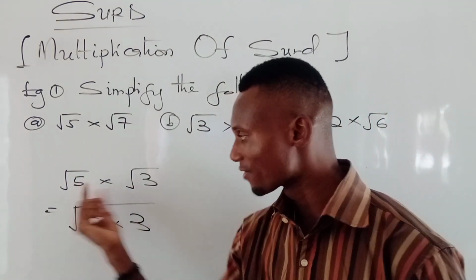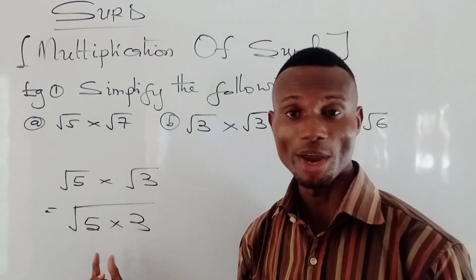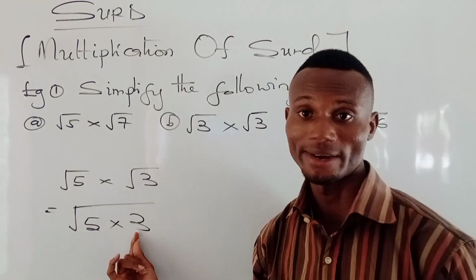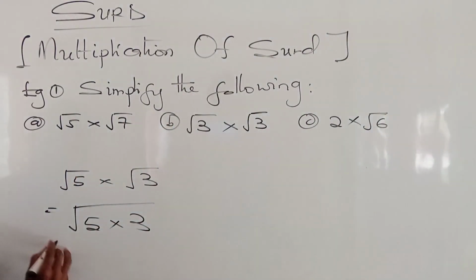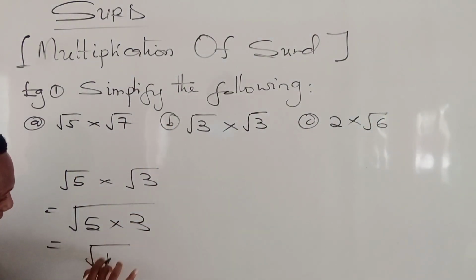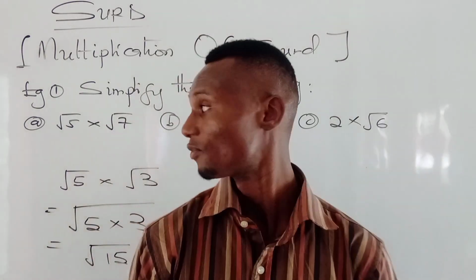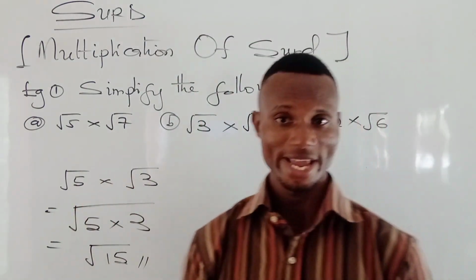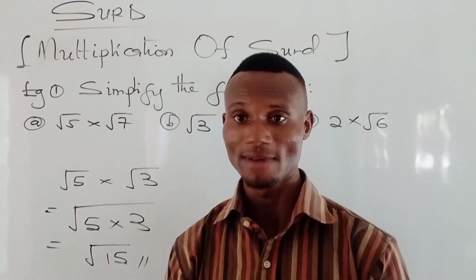It's going to be square root of 5 times 3, and that is going to give you square root of 15, because 5 times 3 gives 15. This is your final answer for simplifying the square root of 5 times square root of 3. I hope the explanation is clear enough up to this point.